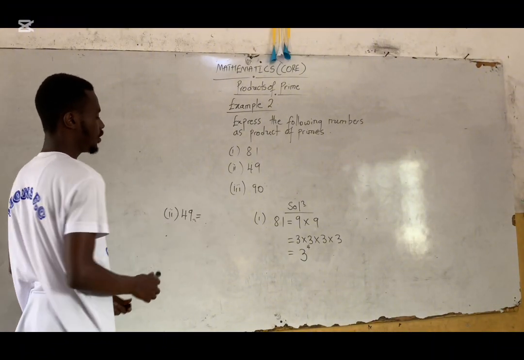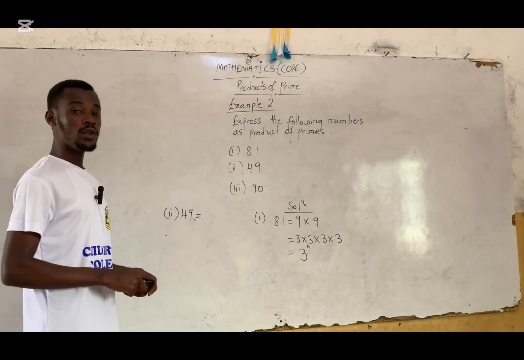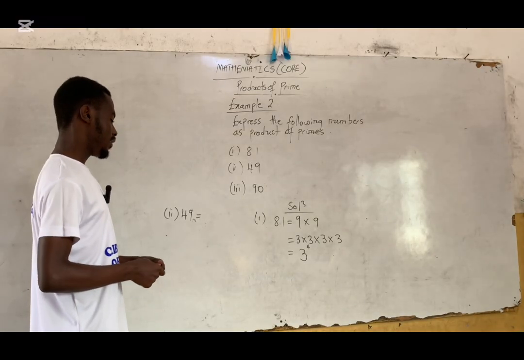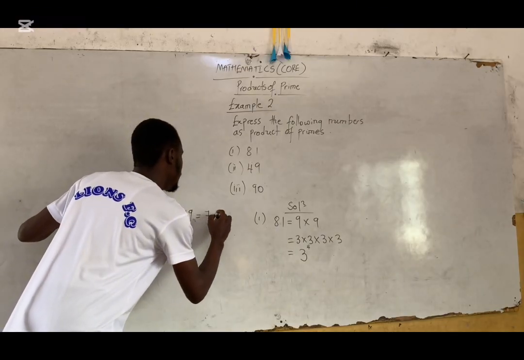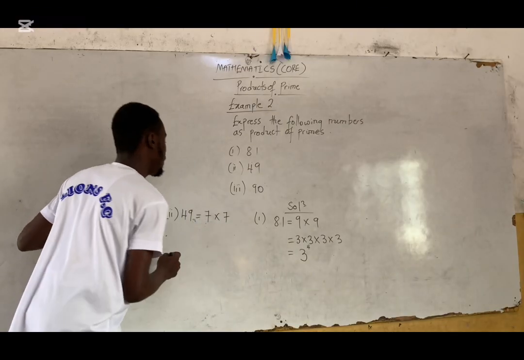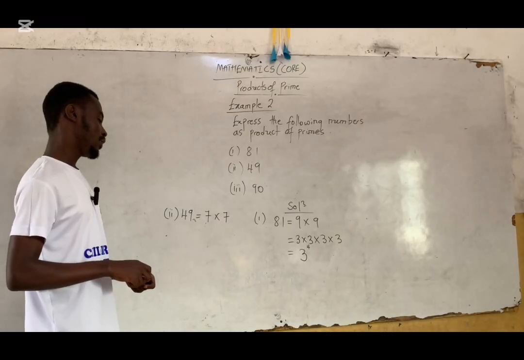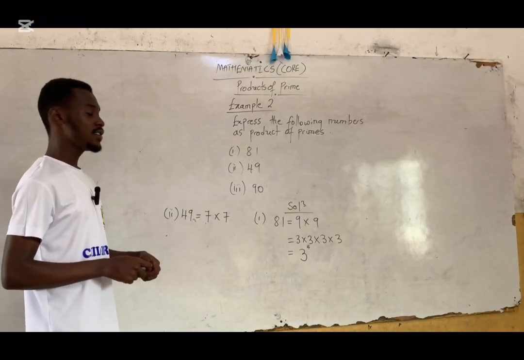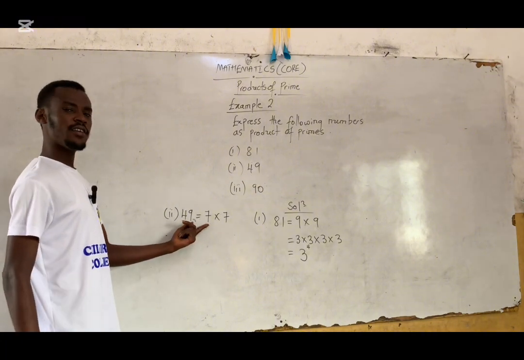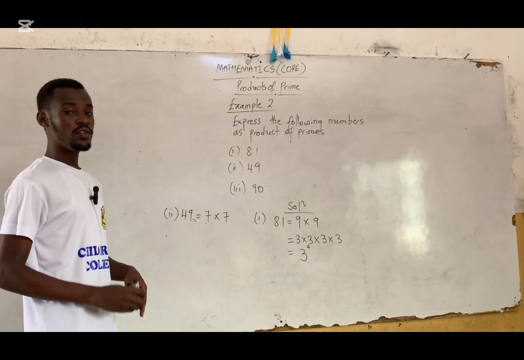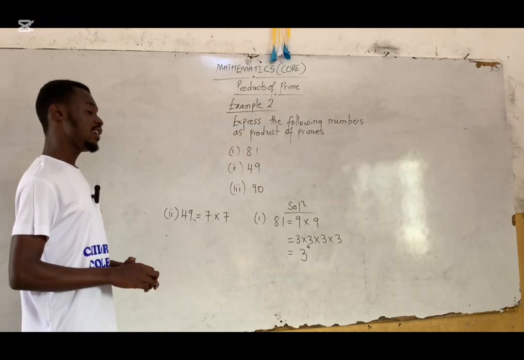Next is 49. As usual, we look for 2 numbers that if you multiply you get 49, right? 7 times 7. That is what I'm going in for. 7 times 7 gives us 49. Are we okay? Now you can't break 7 down because it has only 2 different factors, 7 and then 1.